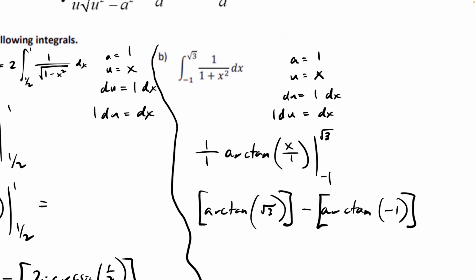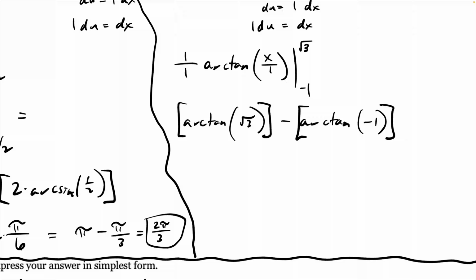Usually we just look for the first place. Is it pi over 3? Yeah. There you go. Okay. Where's the first place that tangent is -1? 3 pi over 4? Yeah.